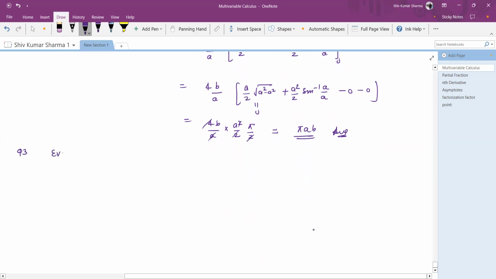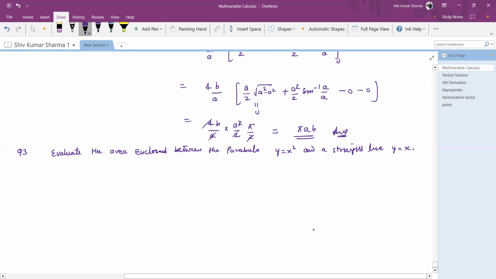Now we take another question. Evaluate the area enclosed between the parabola y equal to x square and the straight line y equal to x.